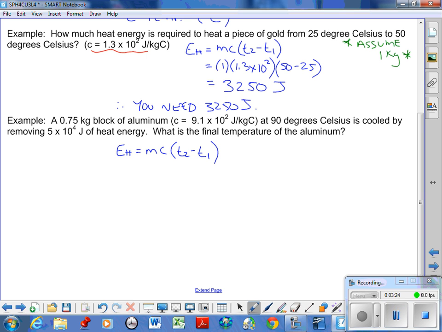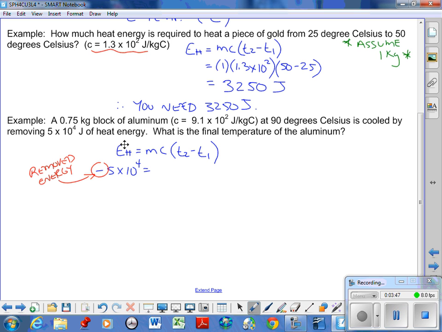I find it easier for most situations. So heat energy, we removed 5 times 10 to the 4th joules. If we removed it, it's a negative value. I'll just put a note on there: we removed energy. That's why we have that negative.